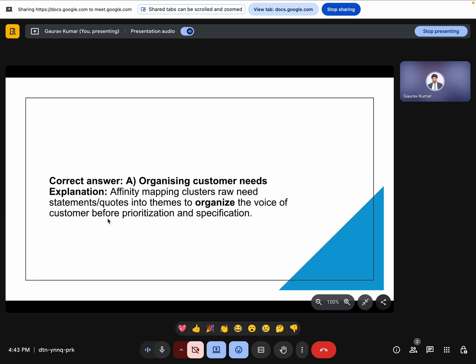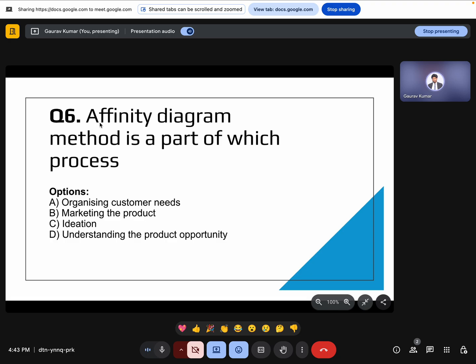Next is question number 6. Affinity diagram method is part of which process? Organizing customer needs, marketing the product, ideation, or understanding the product opportunity. Affinity diagrams help to organize messy data collected from customer interviews, observations, or surveys.